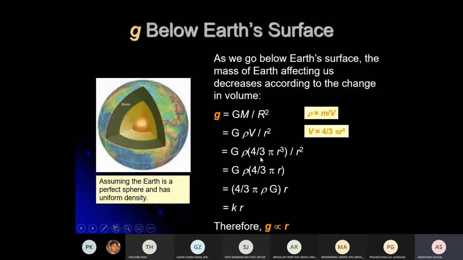And uniform density, because we replace the mass with one simple rho. So we assume uniform density, then the gravity is proportional to R. Any questions, guys, from here? So inside the planet, G is dropping because the mass responsible for the gravity beneath you is getting smaller. The side mass doesn't affect your gravity. They cancel at the side.